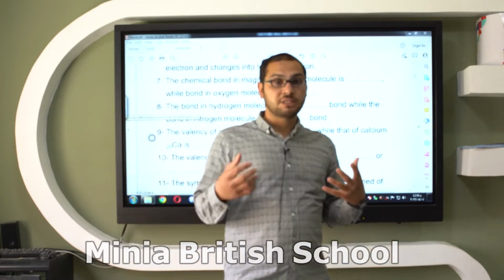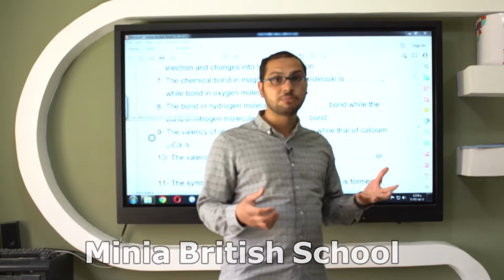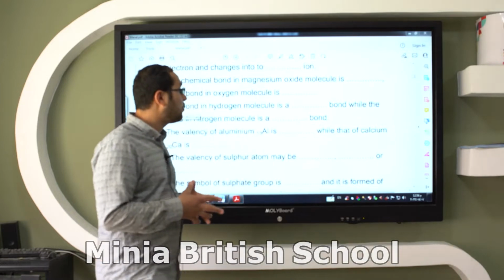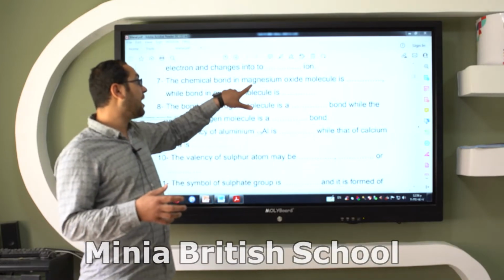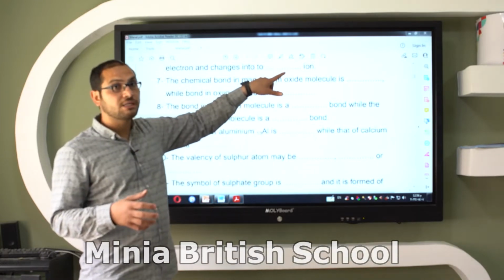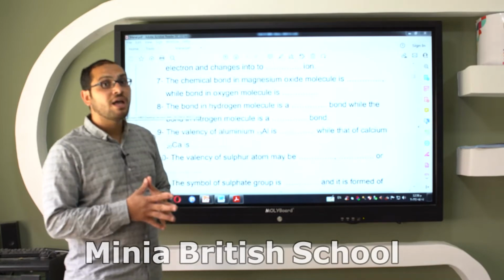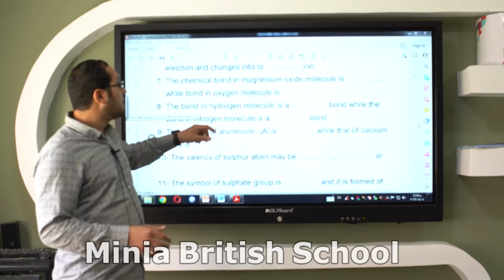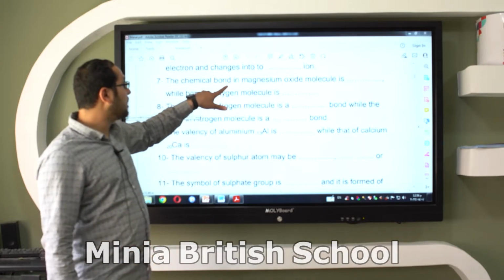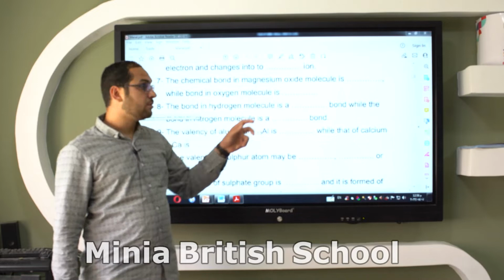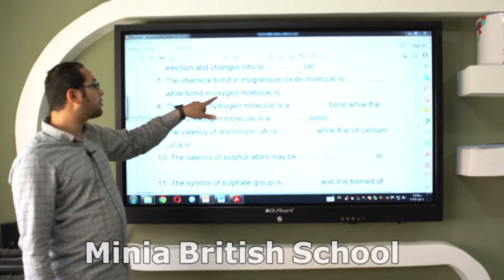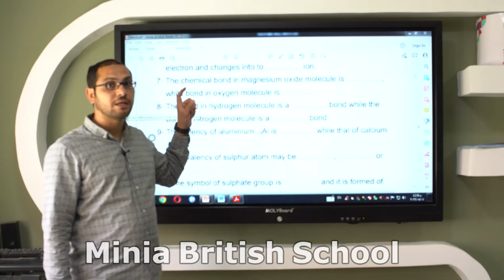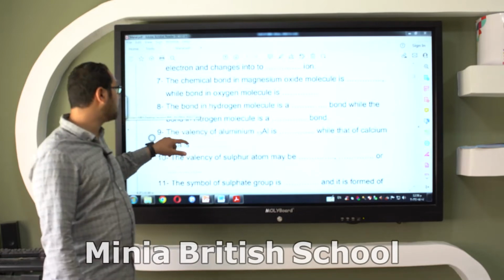Magnesium is a metal and oxygen is a non-metal, so when magnesium reacts with oxygen, it will form an ionic bond. The bond in the oxygen molecule is a double covalent bond.